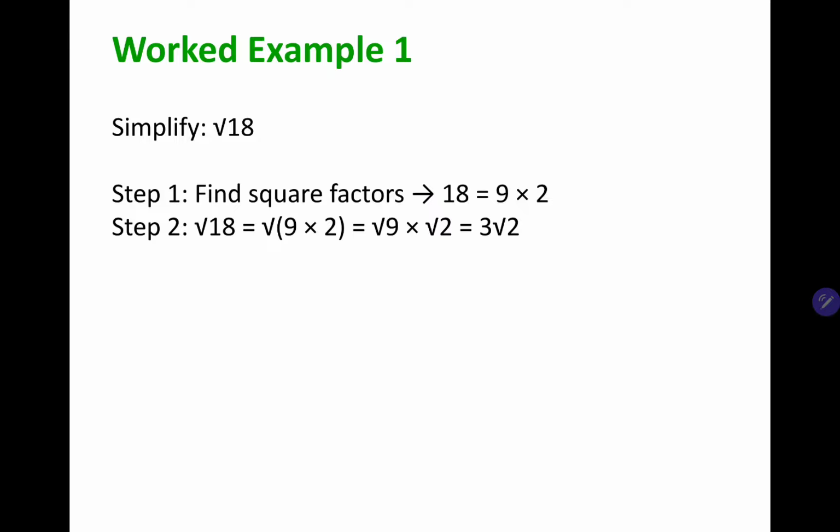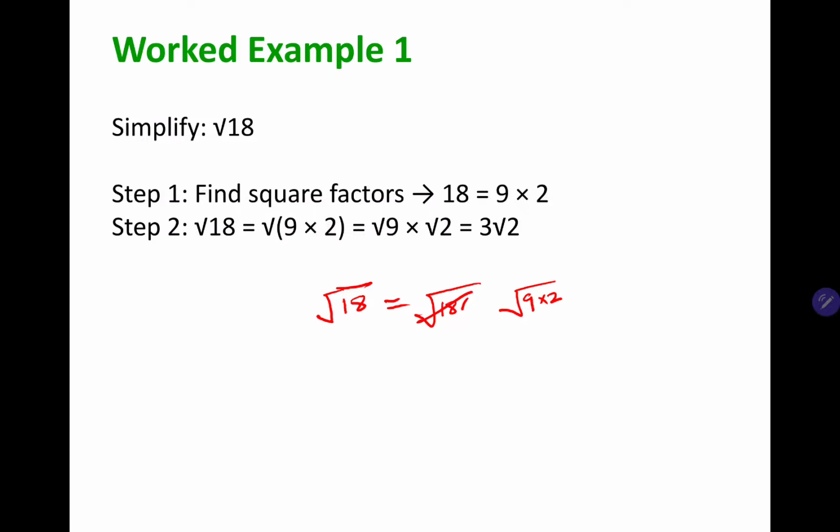Simplify root 18. If we're to do this, there are certain rules of square roots. For instance, what are the factors of 18? 9 and 2. So root 18 is the same thing as root 9 times 2.